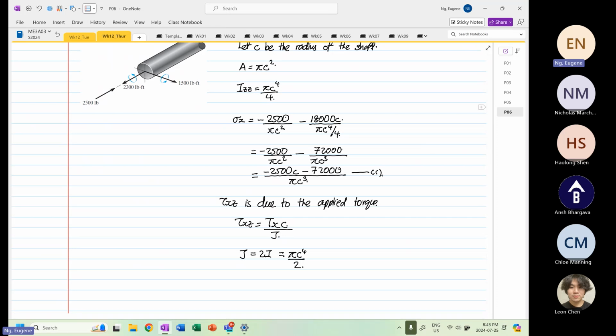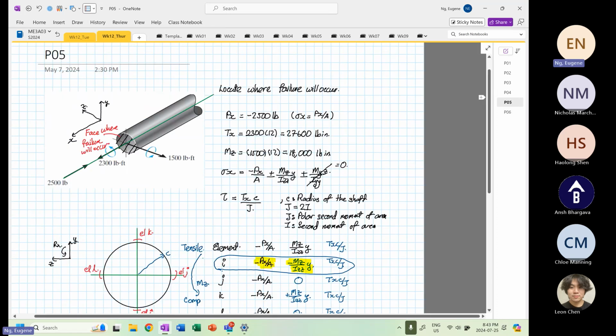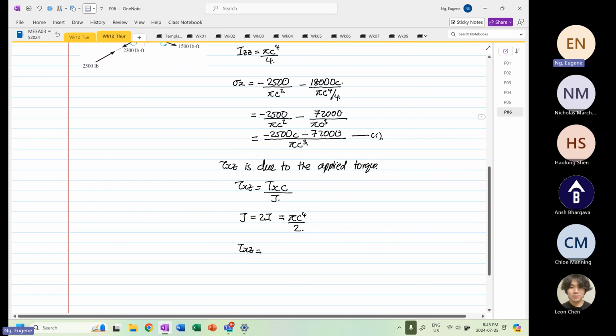From there we can directly write that the shear xz is equal to Tx, which is 27600, multiplied by C divided by pi C to the 4, the whole thing divided by 2.